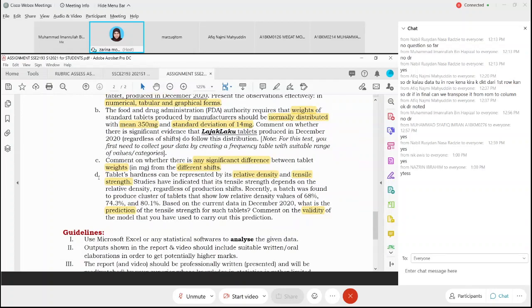And then part D, here you want to study the relationship between relative density and tensile strength. Which one is your Y, which one is your X? You look at what you want to predict.